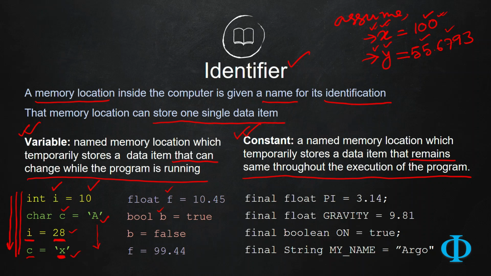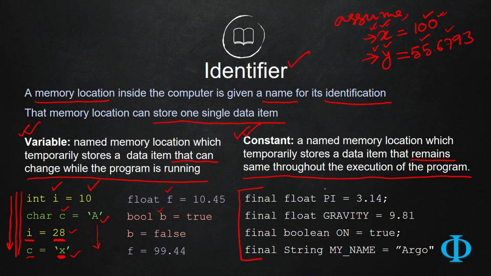And normally we use constant for those values for which we are pretty sure that the values are not going to change over the course of program.